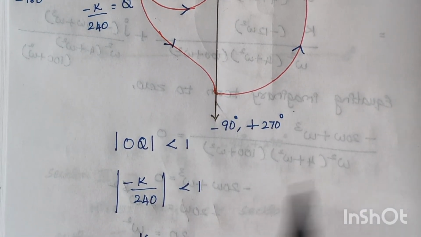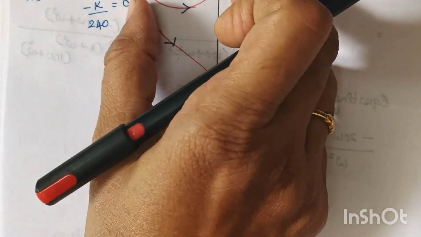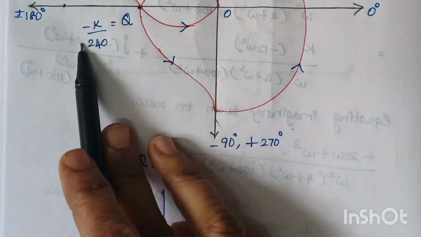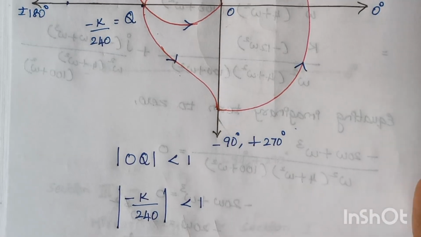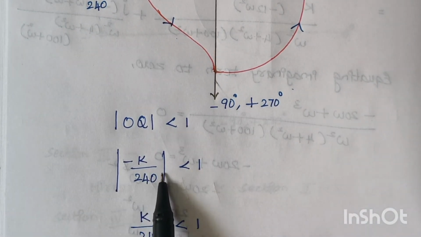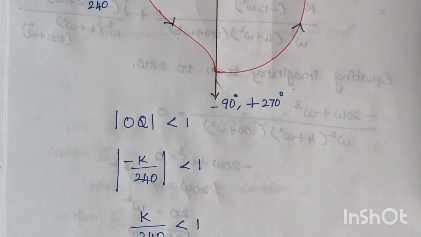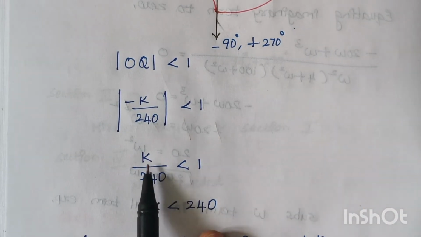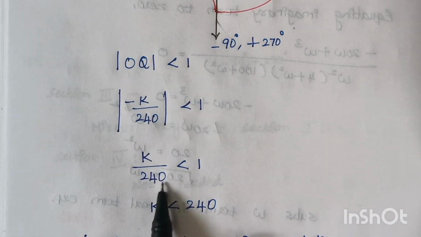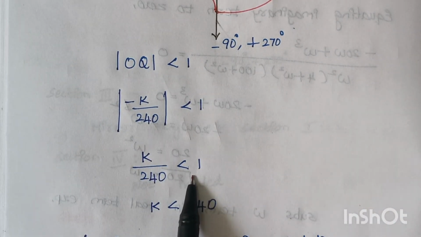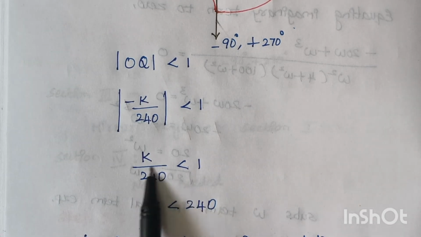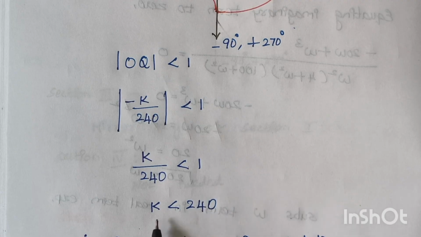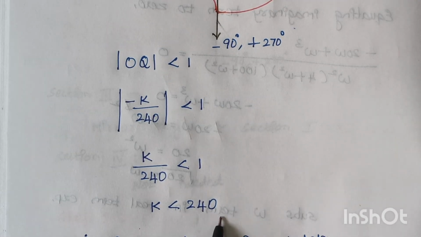Since we are considering magnitude, what is this length? What is this 0q? It is nothing but minus k by 240. So just substitute the value here. Since we are considering magnitude, we can eliminate this minus sign. So here we can directly take k by 240, which is less than 1. So what it means? The value of k is less than 240, because when you move this 240 to the right hand side, k is less than 240.